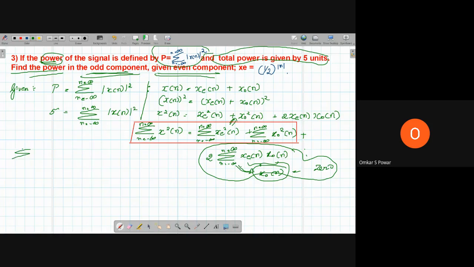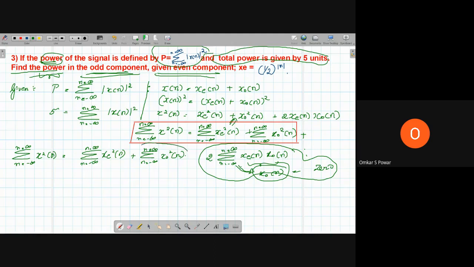Summation n is equal to minus infinity to infinity x square of n is equal to summation n is equal to minus infinity to infinity x even square of n plus summation n is equal to minus infinity to infinity x odd square of n. Now, they have asked to find the power in the odd component.